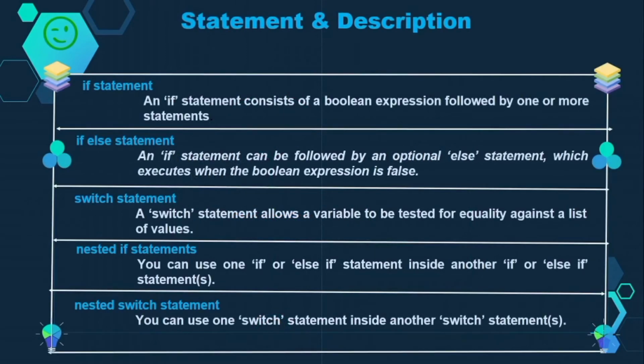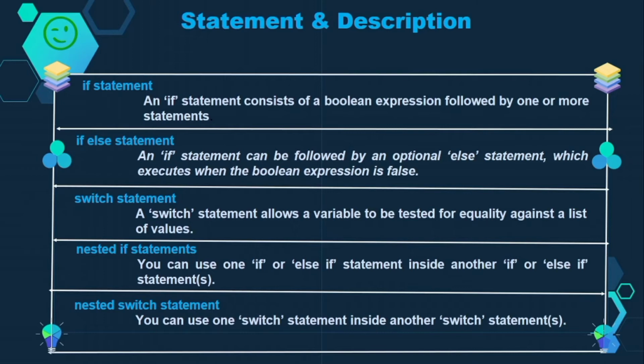Statement and description. If statement. An if statement consists of a Boolean expression followed by one or more statements. Second, if-else statement. An if statement can be followed by an optional else statement, which executes when the Boolean expression is false. The third, switch statement. A switch statement allows a variable to be tested for equality against a list of values.